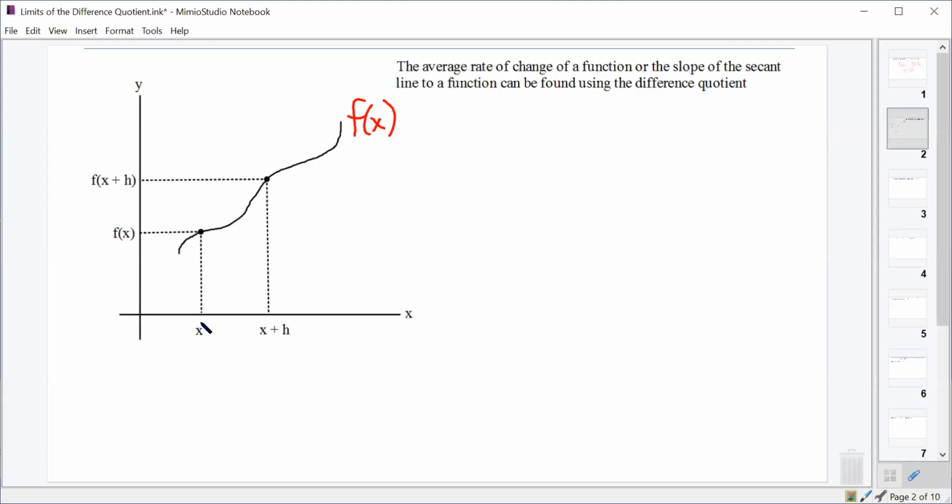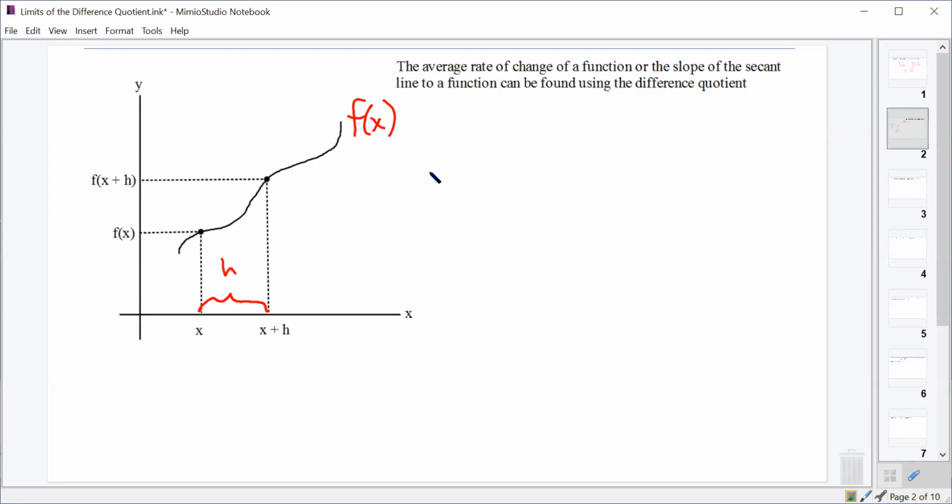So if I'm going from x to x plus h, what should this distance be? H. Yep, should just be h. Okay, so we want to note that as we go through here, the difference between x plus h and x is just h.